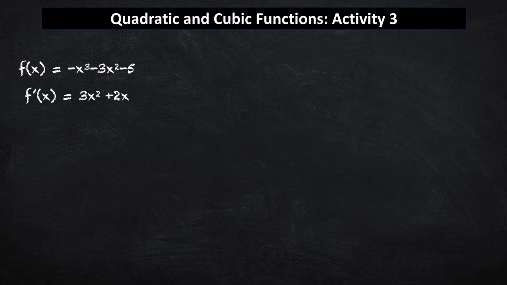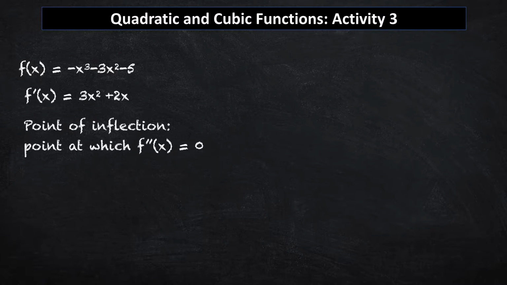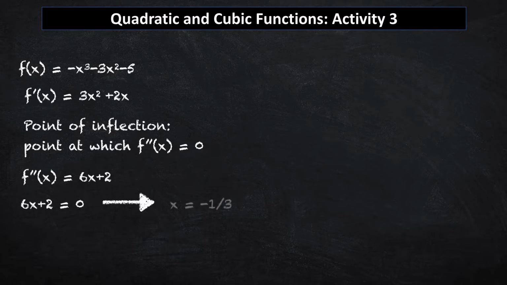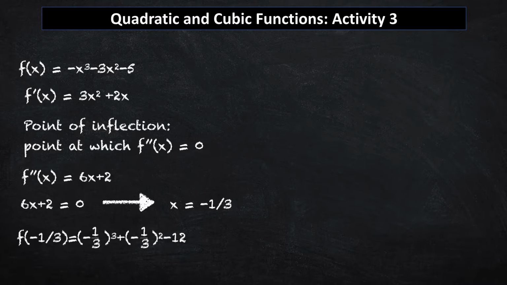Then for this function, we can also compute the point in which the concavity changes, or the point of inflection. I recall that the point of inflection is the point for which the second derivative is equal to 0. So the second derivative of this function is 6x plus 2. I put it equal to 0, and this corresponds to x equals minus 1/3. This is the solution. And then I want to compute the corresponding y value when x is equal to minus 1/3.